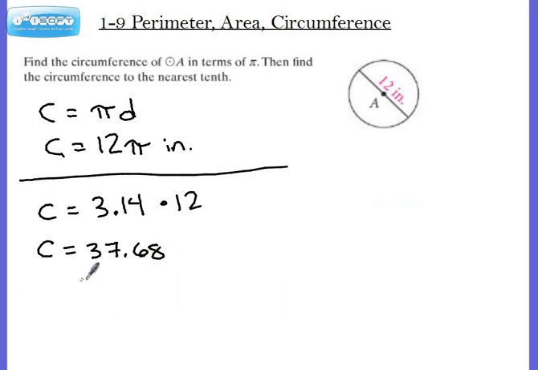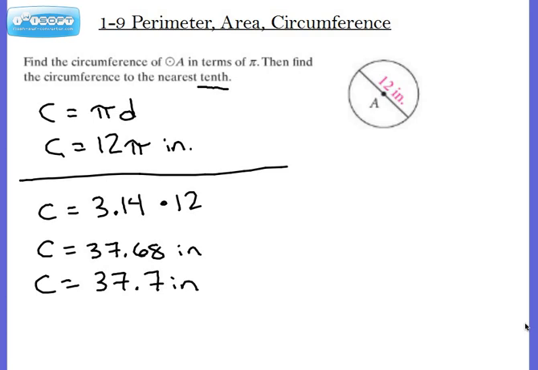But we're not done. That's not our answer, because it's 37.68 inches. This asks for the nearest tenth. We need to round to the nearest tenths place. 8 tells us that we do need to round up, so this is going to be 37.7 inches. And that's our answer.